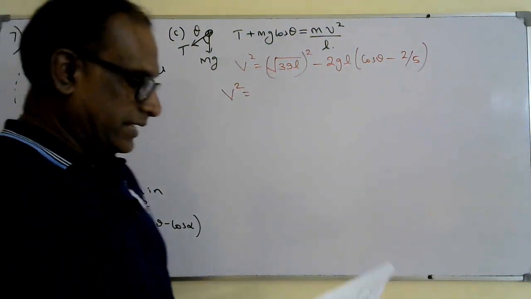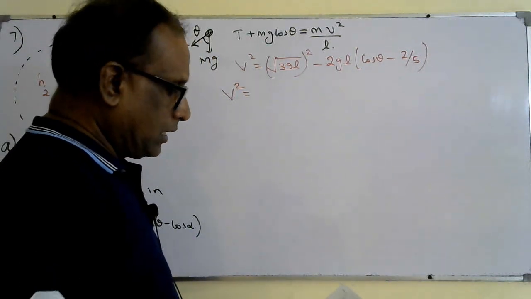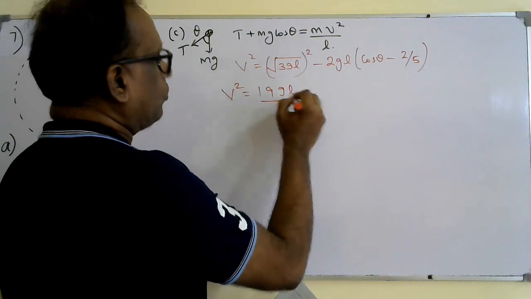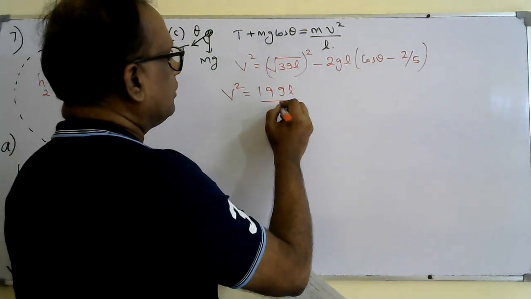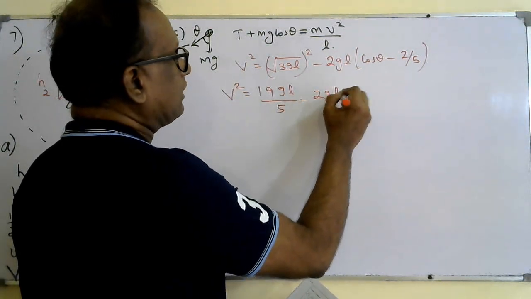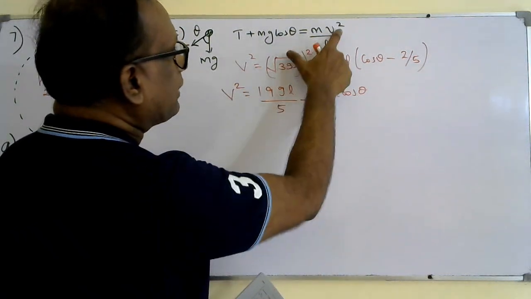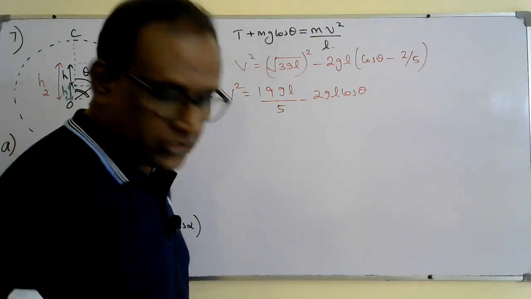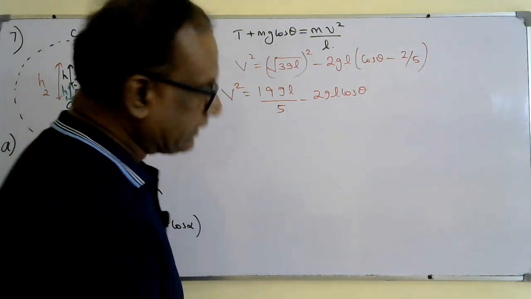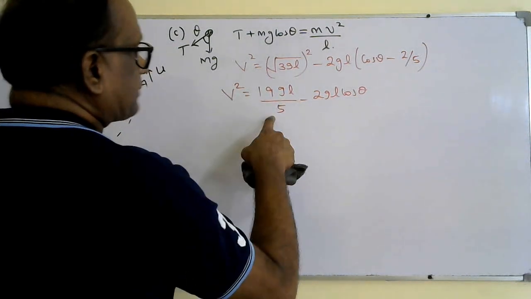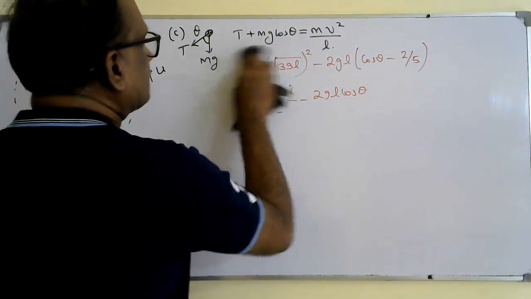You will get v squared equals 19gl over 5 minus 2gl cos theta. I am going to substitute this expression for v squared there.